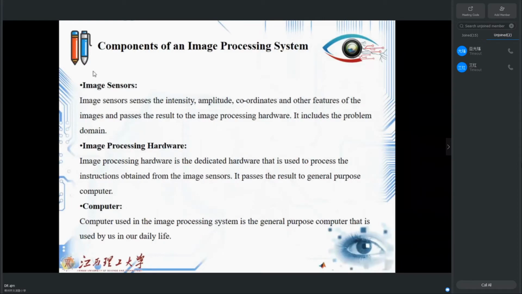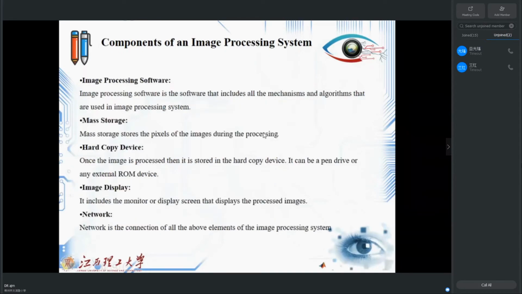The other part is the computer, something like a general purpose computer that is used by users in our daily life. Then the software, which nowadays is a much more important part, includes all the mechanisms and algorithms that are used. Mass storage holds the pixels of the image during the process.